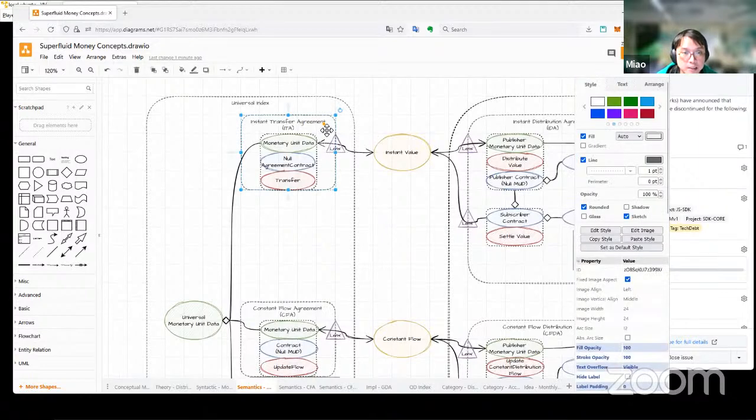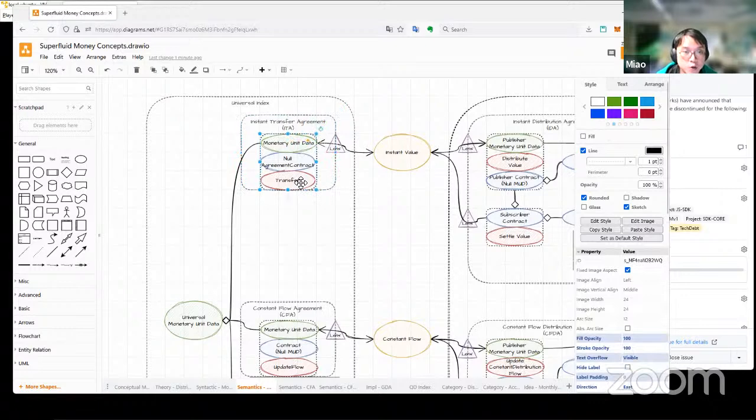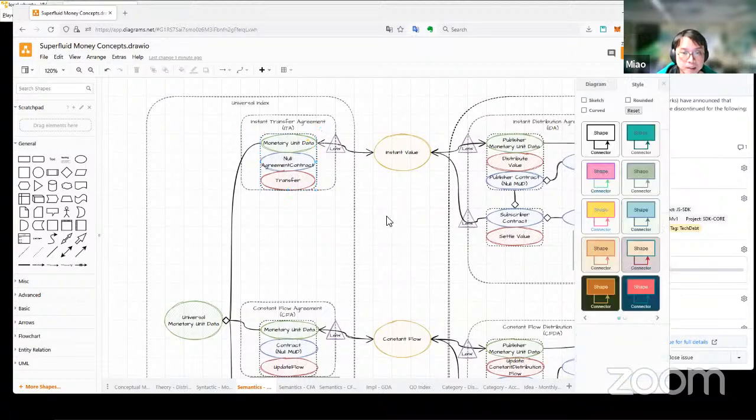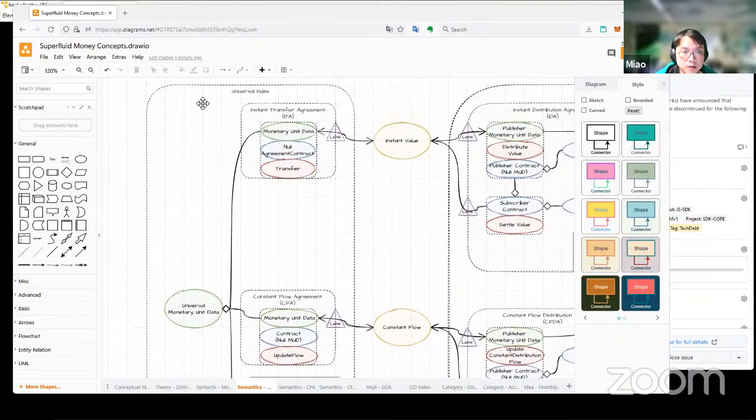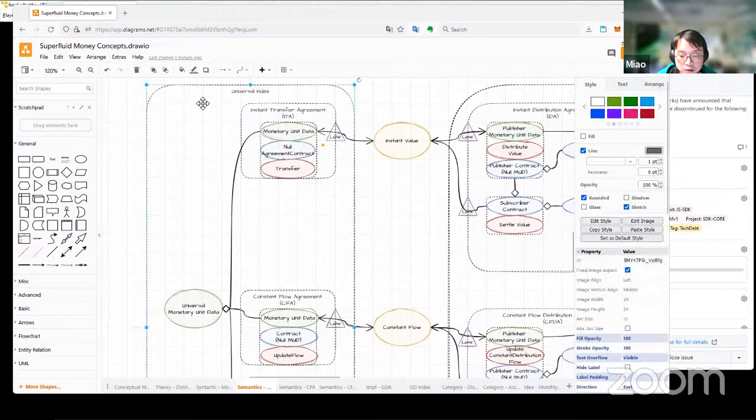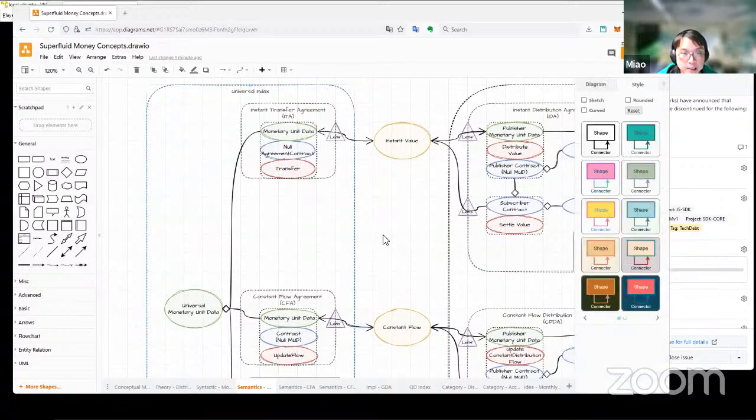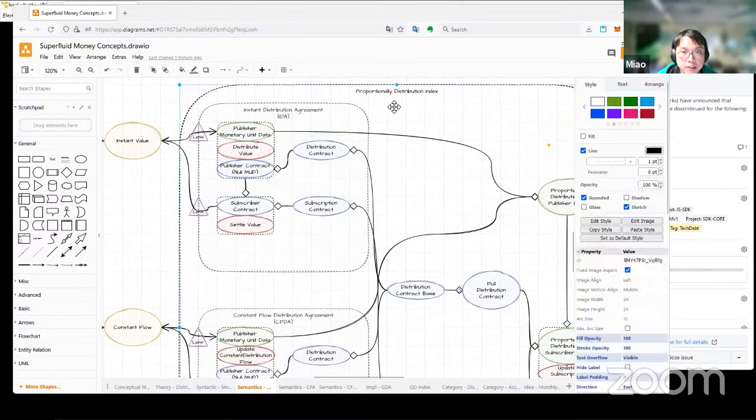But conceptually, it's just another type of agreement. It happens to do instant transfer, and there's nothing ongoing in terms of contract. So it's a null contract. That's called a universal index. Universal literally means universally available for everyone without needing to subscribe to it. Another thing is called a proportional distribution index.